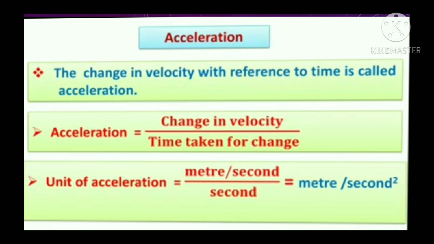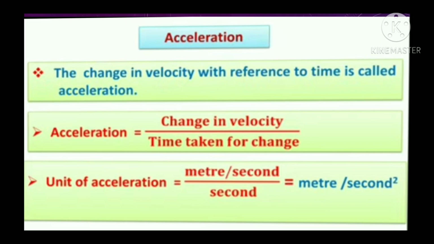See children, unit of acceleration is equal to meter per second upon second. So, meter per second means meter upon second, and then divided by second, so meter upon second square will come. So, it will convert into meter per second square. Meter per second is the unit of velocity and second is the unit of time.